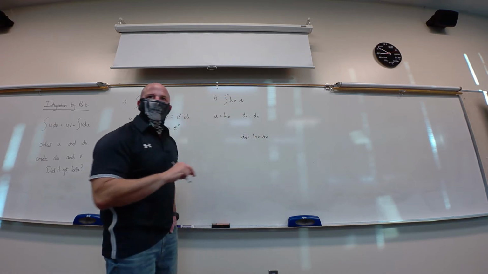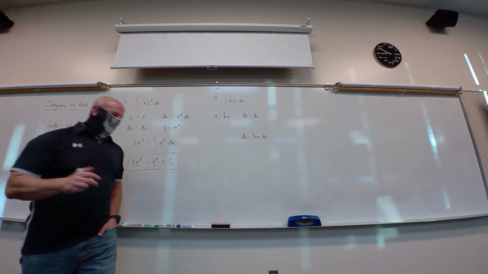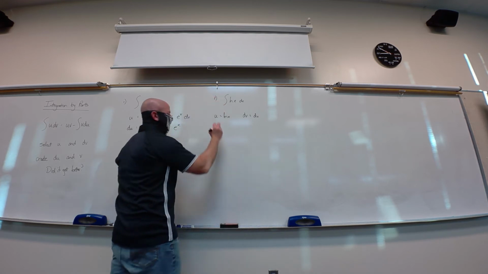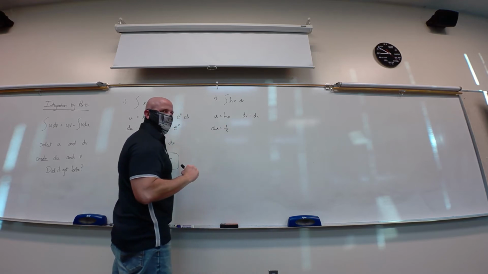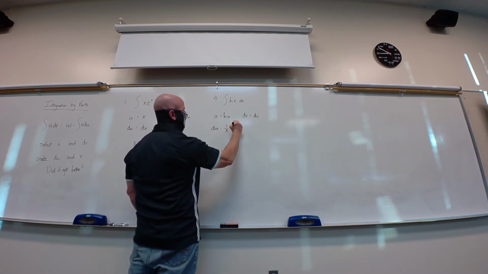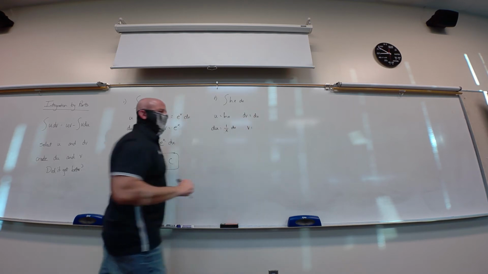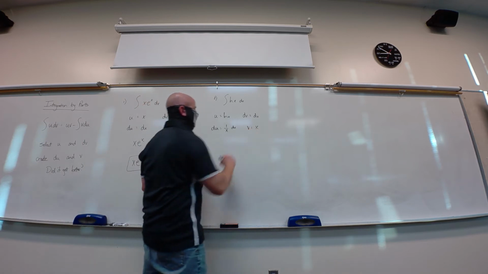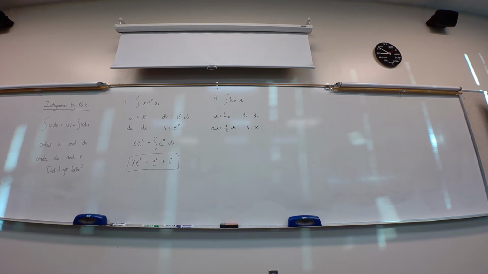I'm back to the same integral. So now I integrate. du is 1 over x dx. What's the integral of dx? Just x. All right. So now we're going to write it out and see if it works.